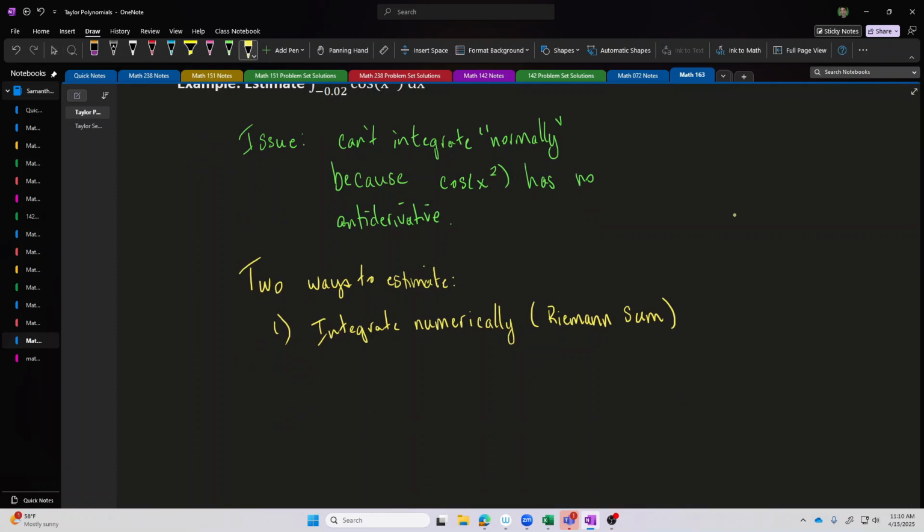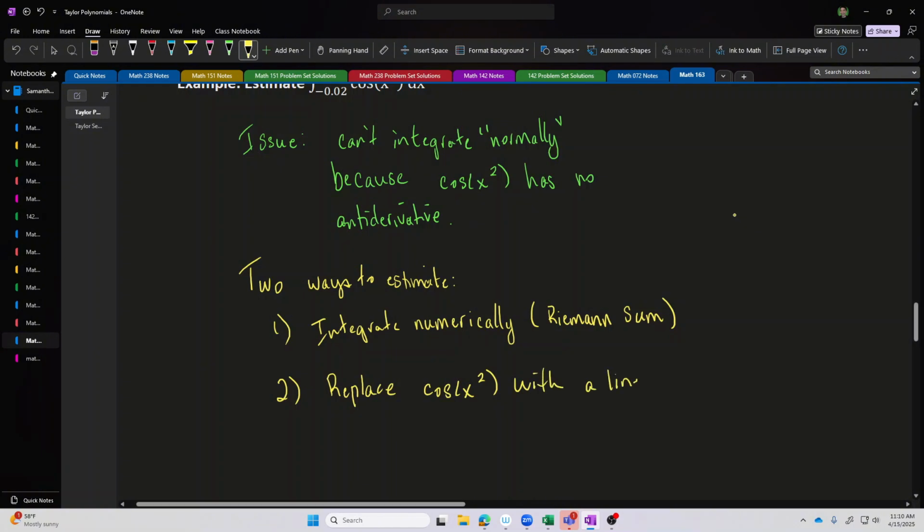The second way to estimate this result is to replace cosine of x squared with a linear approximation. The idea being that the linear approximation will be close to the original function, but the linear approximation will be much, much easier to actually integrate.